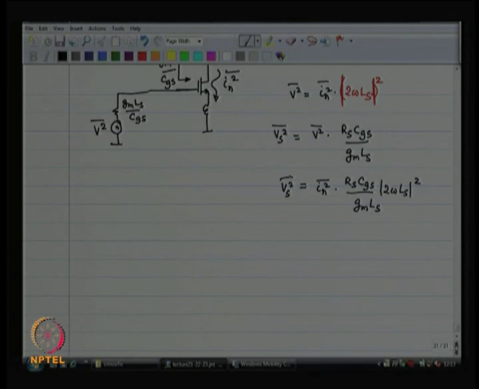Okay. This is the equivalent input referred noise voltage that you needed to apply in the first place.